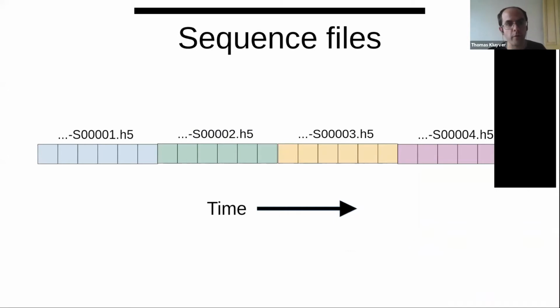And one of the consequences of this, kind of similar to what Wout was saying just before about ESRF, is that the data is written in these chunks. At European XFEL, they're called sequence files. So the same kind of logical data set: every minute or so, the exact period is configurable, the thing writing the data will close out one file, say I'm done with that, and open a new file with exactly the same structure and start writing into that.